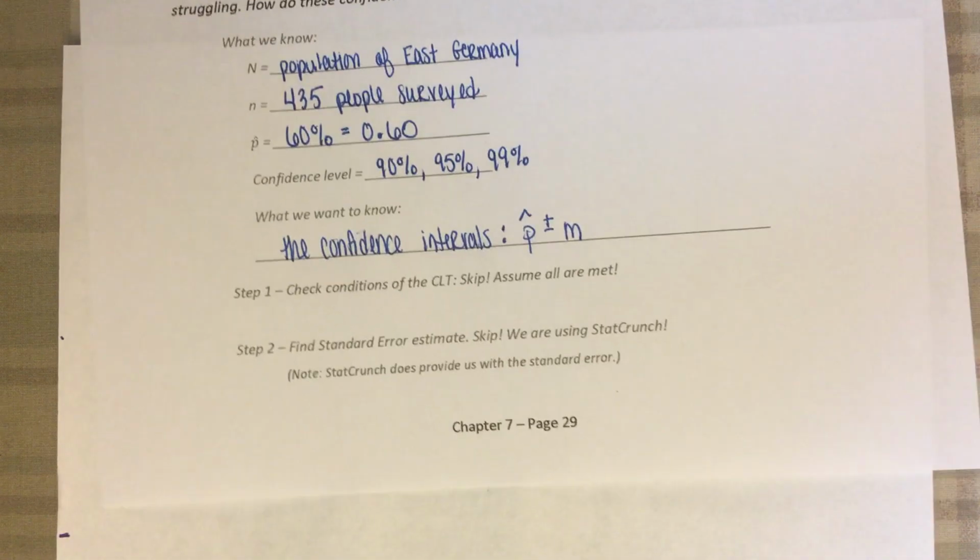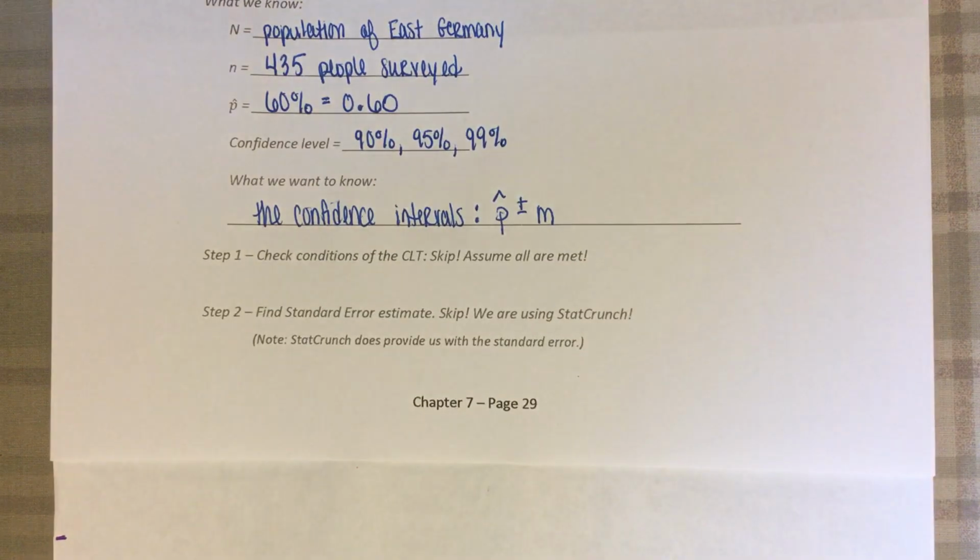Since we're working through this problem using StatCrunch, our first conditions just depend on whether or not we're told that they're met or asked to work them out on our own. In this case, we're just going to assume that they are all met as we did in the last couple of problems. Again, if you're asked to go through them individually, make sure you work through them and make sure they all work as far as the inequality statements go.